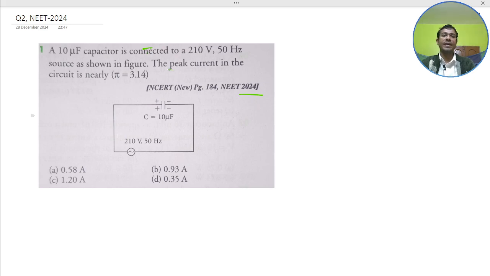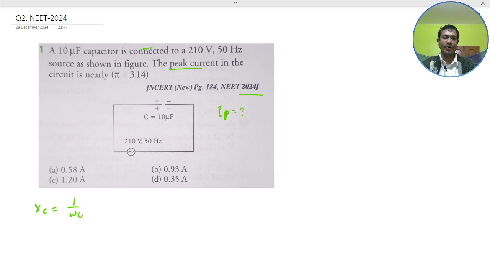You have to find the peak current. This is a circuit with C only, so you have to find XC.